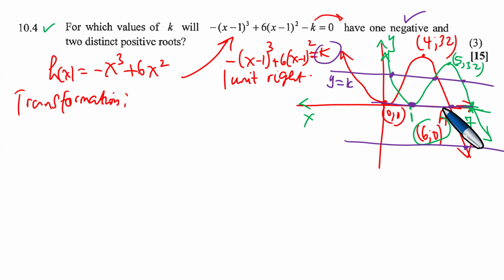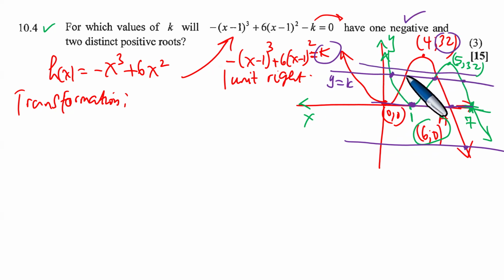So the question then in 10.4 is, what then do we need? If it happens that at this point, y is 32, and if y is 32 and you go further down, okay, at y 32 now it's going to cut here.